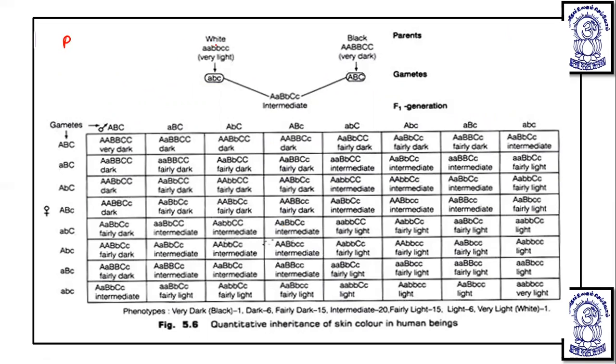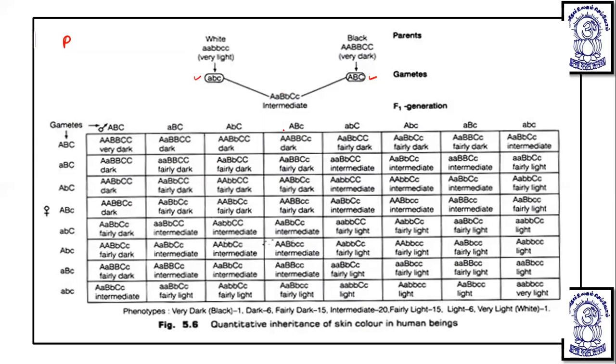In the parent generation, a white plant is taken, that is very light color of a parent, and a very dark one with maximum melanin production, that is capital A, capital A, capital B, capital B, capital C, capital C. The gametes will be small a, small b, small c, and here capital A, capital B, capital C. When they fuse, they form capital A small a, capital B small b, and capital C small c.